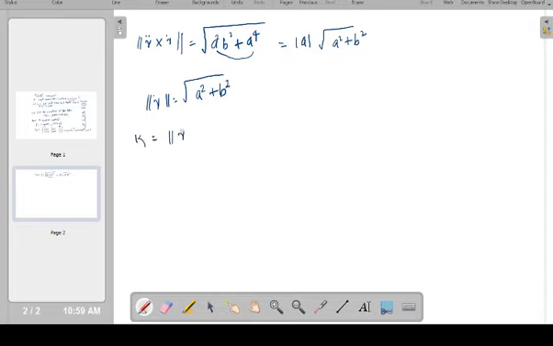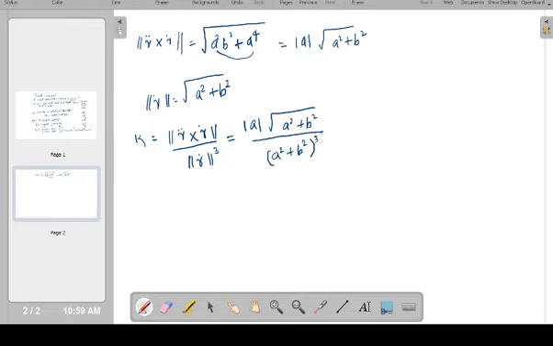The formula is norm of gamma double dot cross gamma dot divided by norm of gamma dot cubed, which equals mod a into square root of a square plus b square divided by a square plus b square whole to the power 3 by 2.